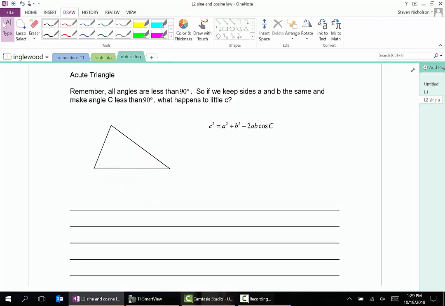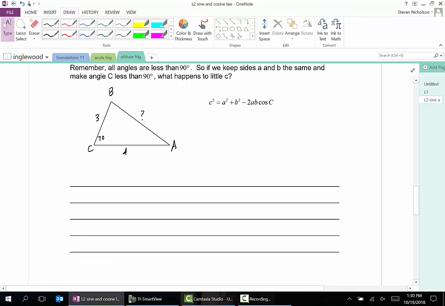So let's look at the cosine law of an acute triangle, what we did last unit. And we're going to make this picture kind of the same. We're going to use the same numbers, sides of 3 and 4, but in this case, what can we say about little c?